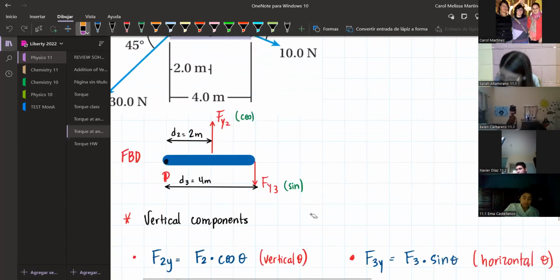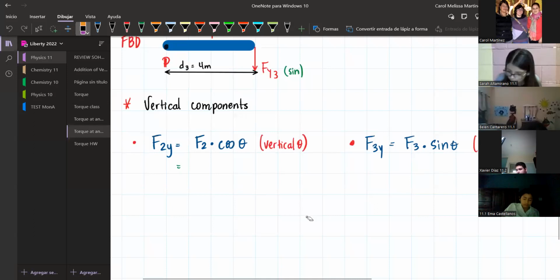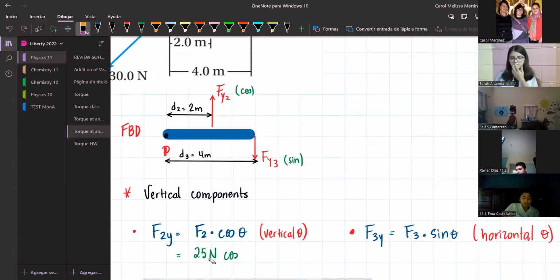Force 2 is equal to 25 Newton, and the angle is 31 degrees. How much is this? 1.43 newtons.